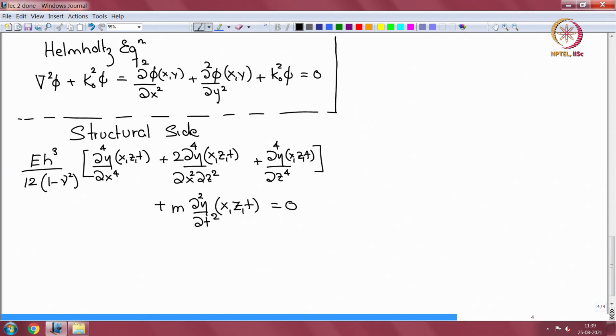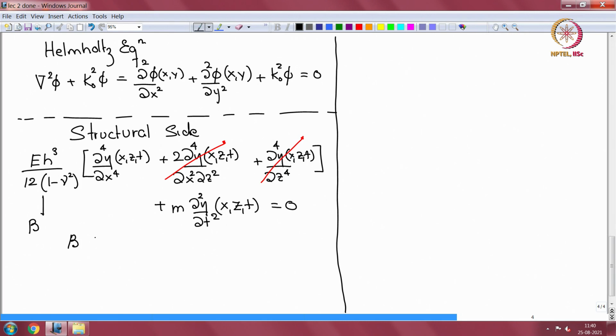The configuration we said was such that all z dependencies will go, so this term goes away, this term goes away, and this term goes away because of the nature of the forcing. Okay, and so we are going to be left with, I'll give this a name called B so that I don't repeat it.